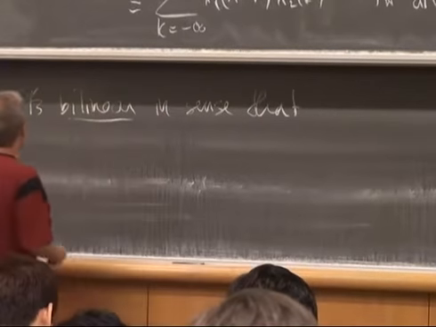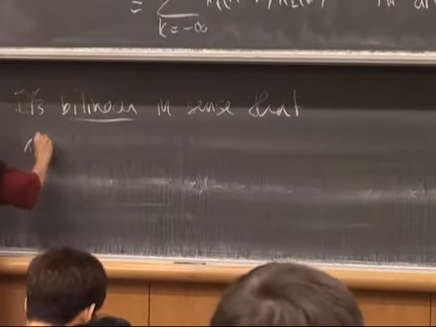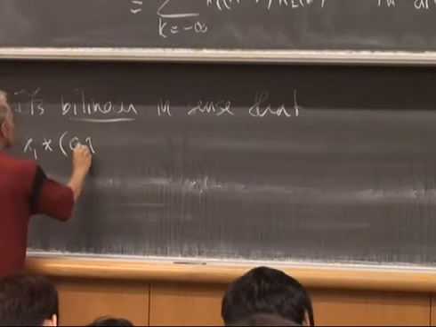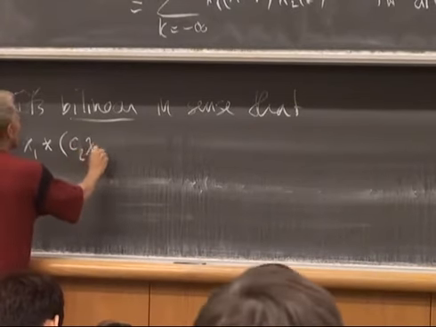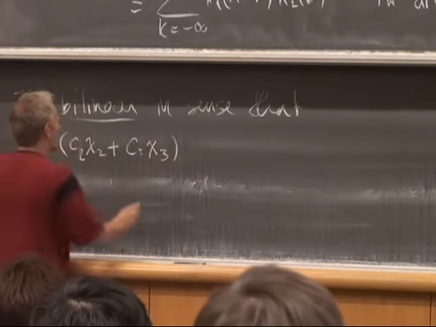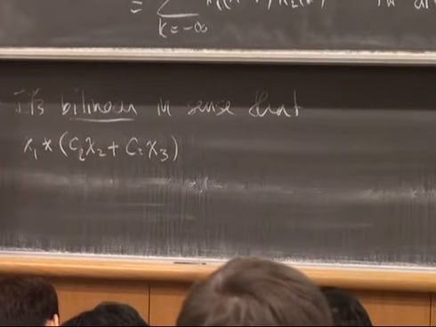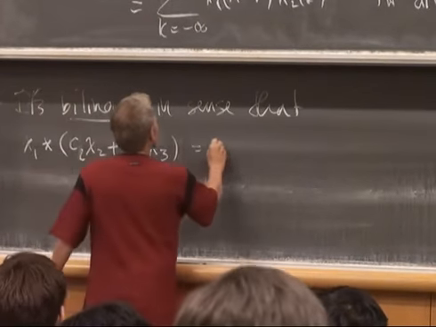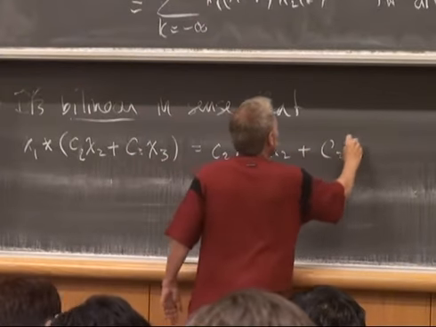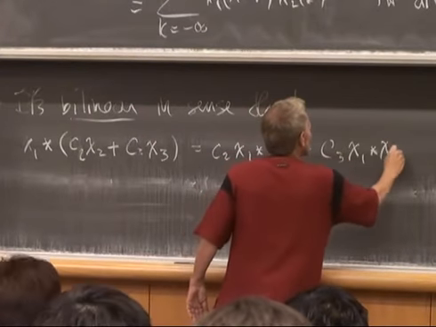In the sense that if you take, say, a signal x1 and you convolve it with a linear combo of x2 and x3, and I always get the indices here messed up. I'm trying to be cool the way I index things, and by trying to be cool, you always mess up. So this is equal to C2 x1 convolved with x2 plus C3 x1 convolved with x3.